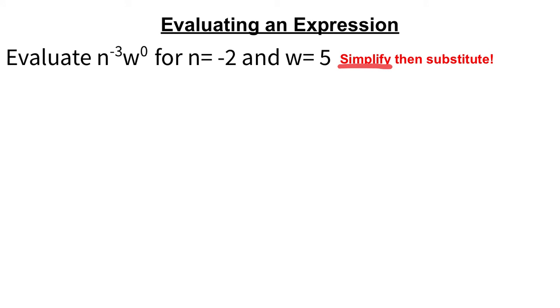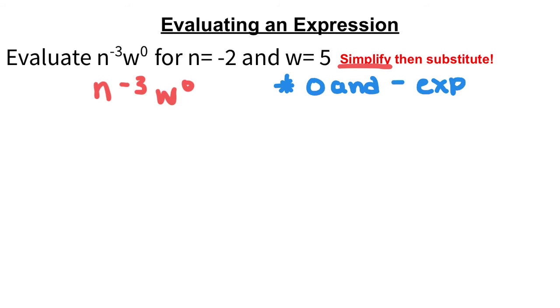So in this example, again, we are going to simplify and then substitute. We're going to start by simplifying the expression. So I have n to the negative 3 and w to the 0, and remember we're looking for 0 and negative exponents. We actually have both examples in this type, so we're going to start by dealing with the negative exponent. I have the negative 3, and we know that with a negative exponent, if it's written as a fraction, this is going to come to the bottom.